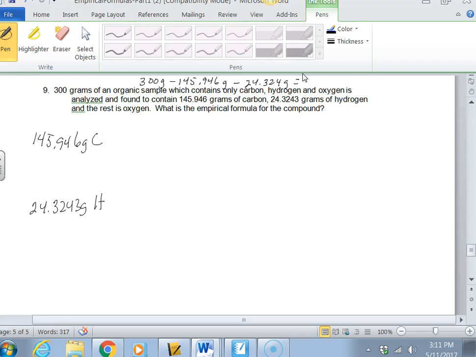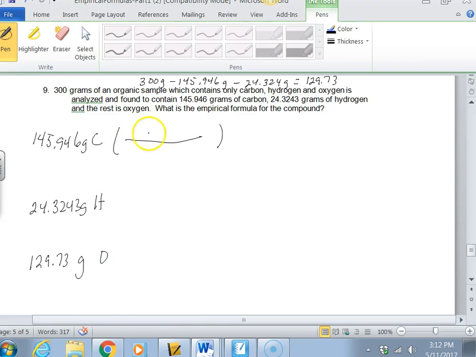I guess 129.73 grams. So that means we have 129.73 grams of oxygen.